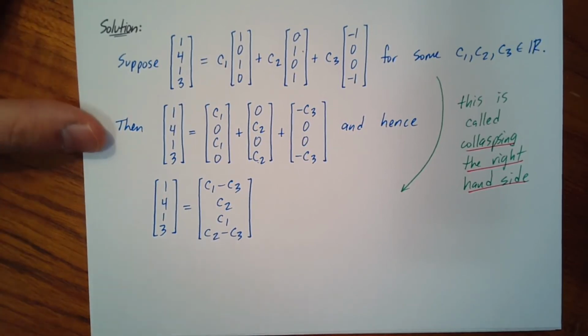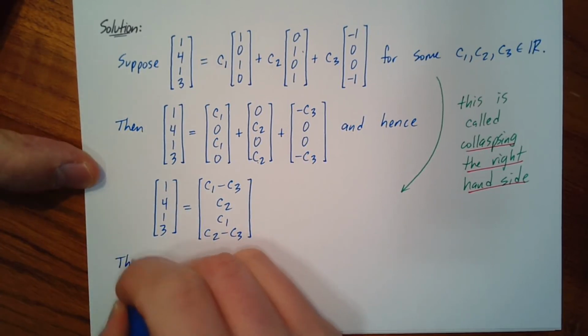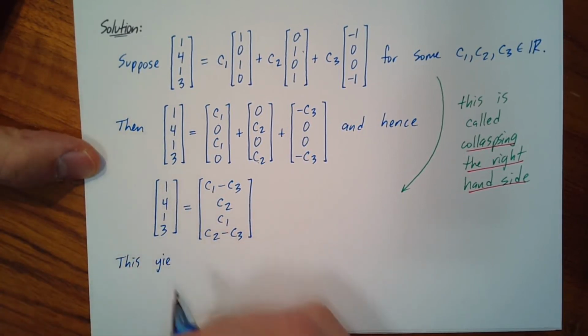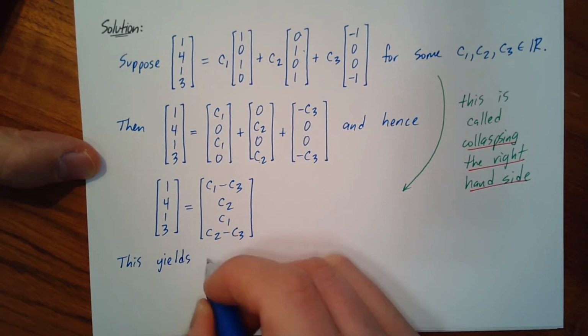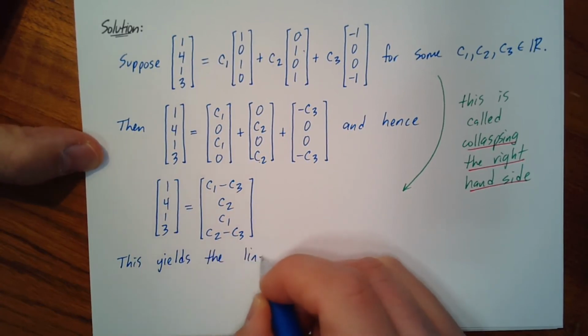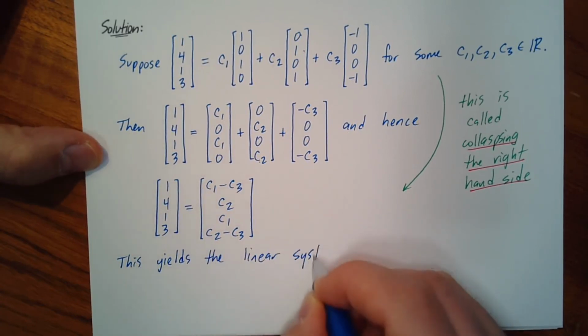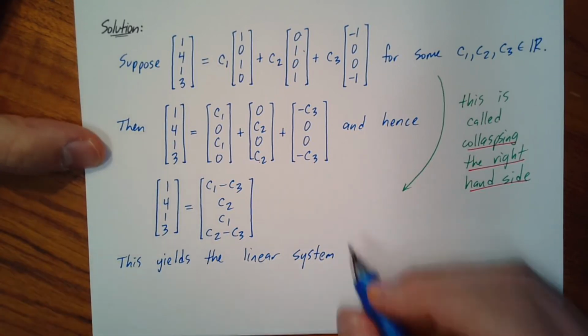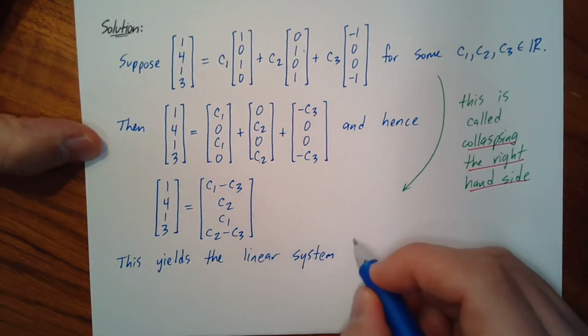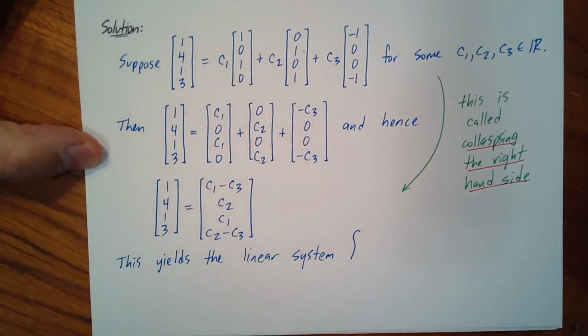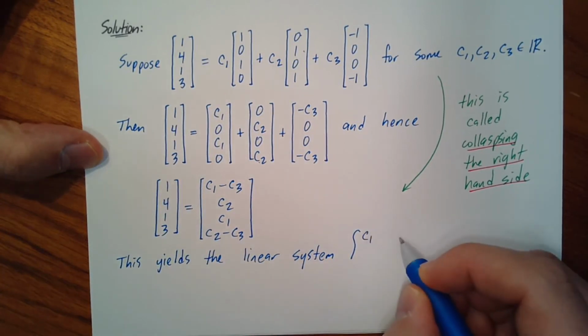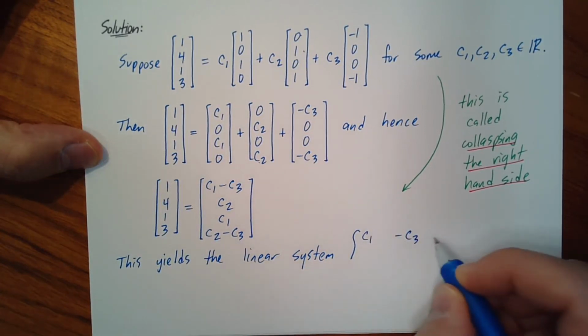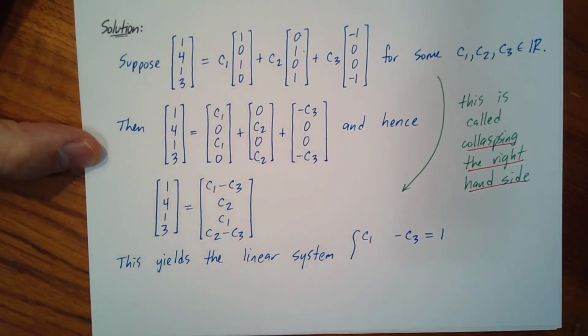So this yields the linear system. What are we going to get? Let's write it out carefully. The first equation is C1 minus C3 is equal to 1.